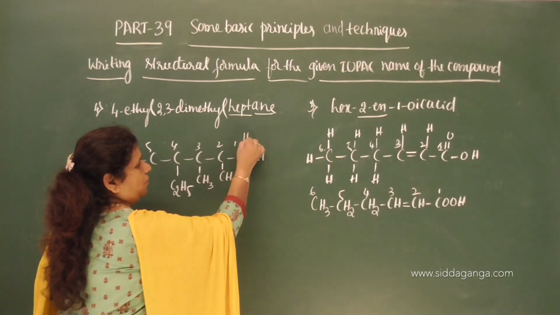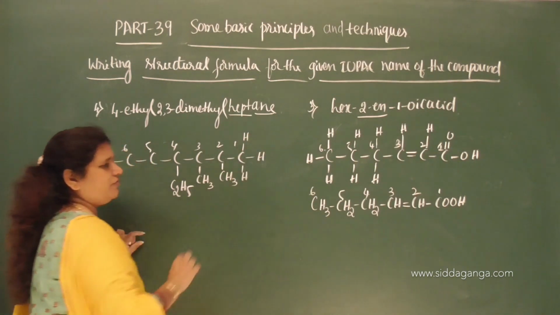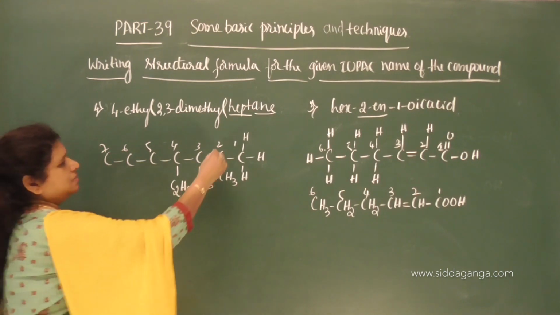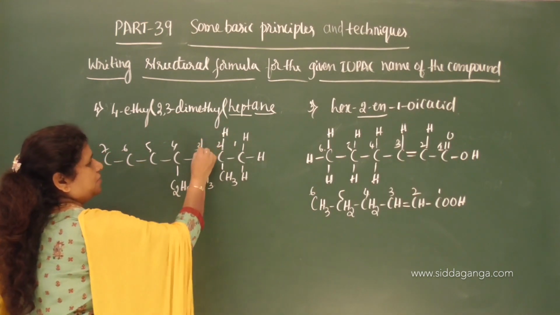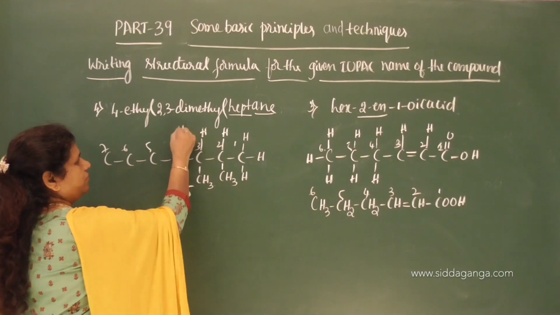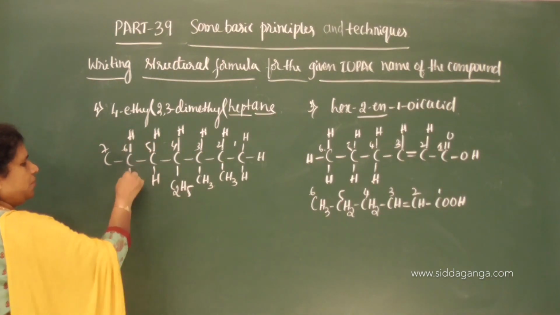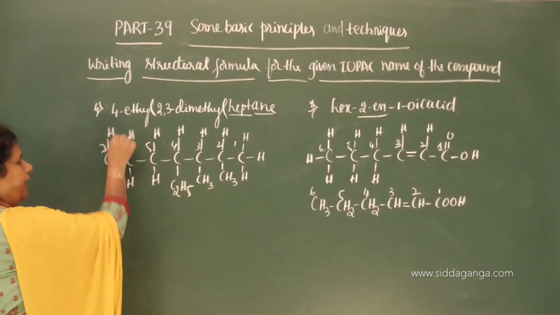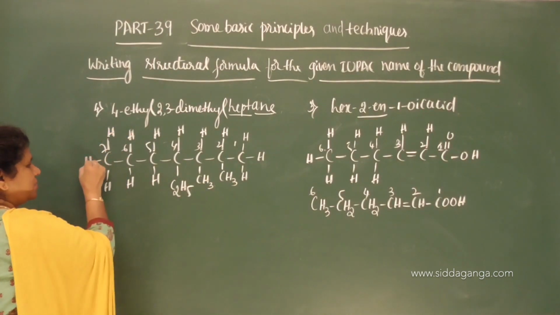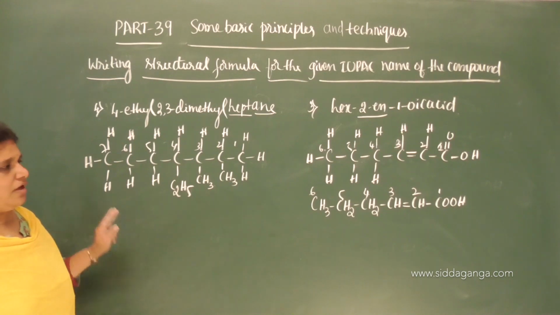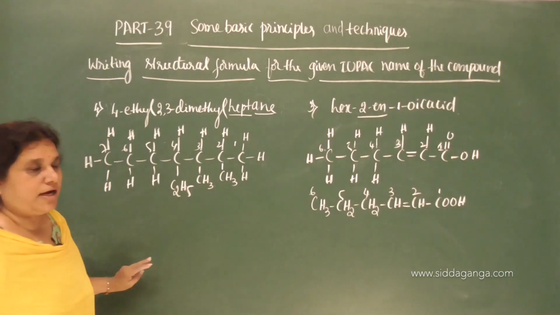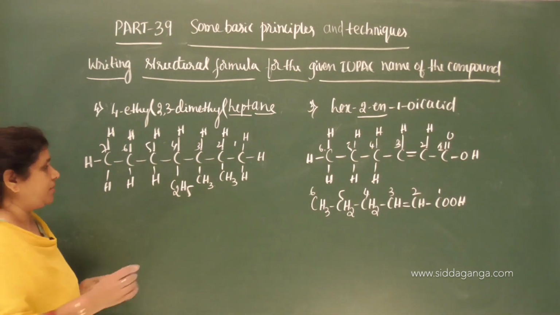Since it is forming only 1 bond, we need to fill it with 3 hydrogen atoms. And here is 1 hydrogen, 1 hydrogen, 1 hydrogen, 2 hydrogen atoms, 2 hydrogen atoms, and here 3 hydrogen atoms. Terminal position, always it is 3 hydrogen atoms, if it is not substituted.